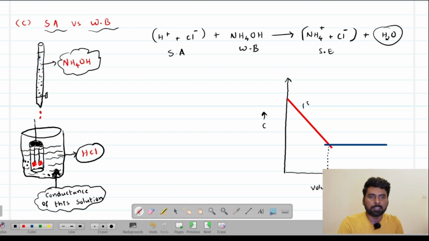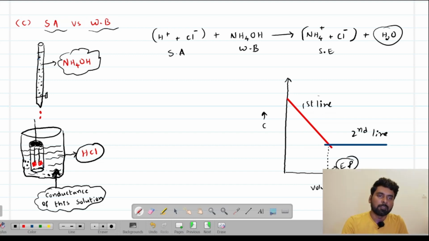Let's see how the graph will be. Two lines are there, first line, second line. Where is the end point in this graph? Wherever two lines are bisecting, you can say intersecting, that is the endpoint. So when you see this graph, why is the first line decreasing, why is there a decrease in the conductance till the endpoint? The reason is simple.